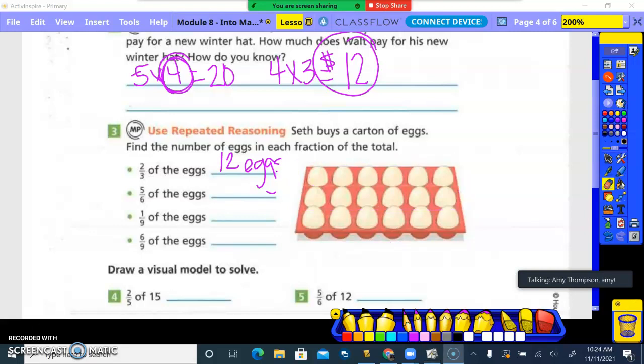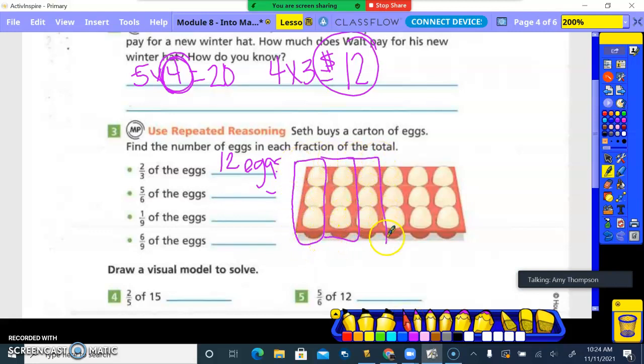Okay, so they want 6 groups. So if I have how many total eggs here? I have 18, right? And if I want 6 groups, what's 18 divided by 6? 3. So in each group, we're going to have 3, right?